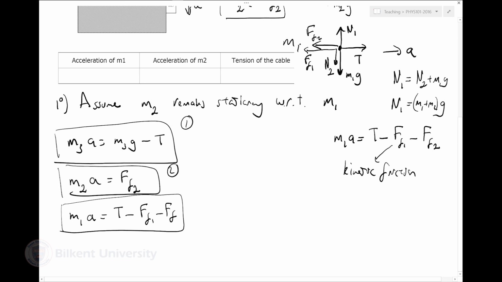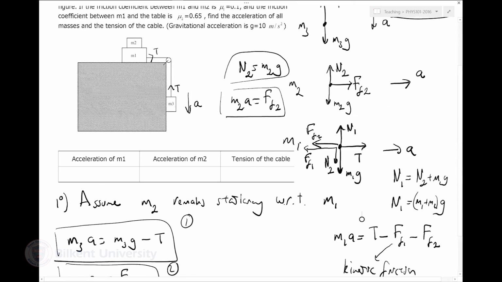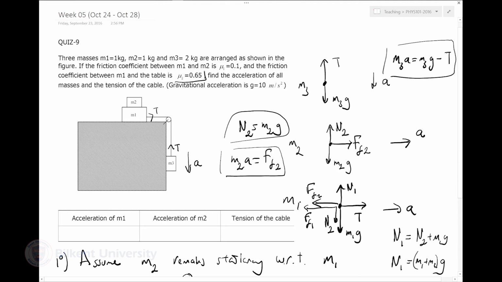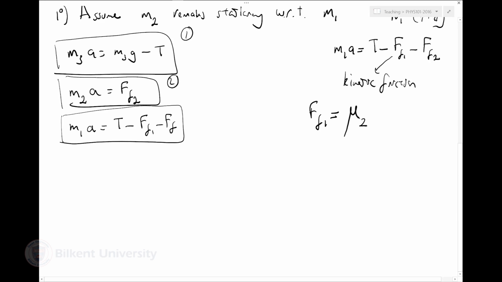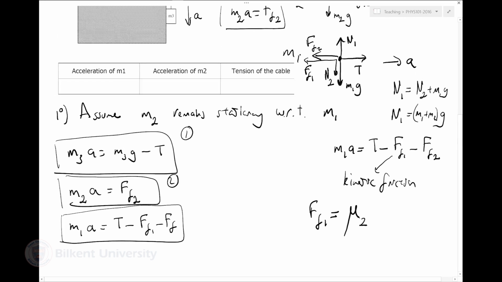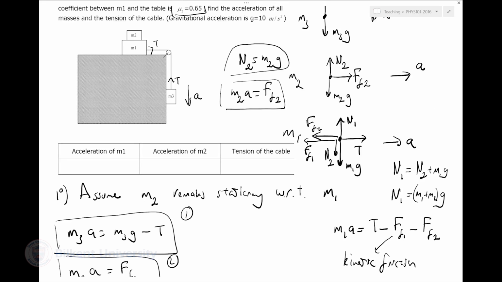When I have kinetic friction, I know the magnitude of the friction force right away. What's the magnitude of the friction force? It's going to be mu 2 times the normal force. But which normal force here, N1 or N2?